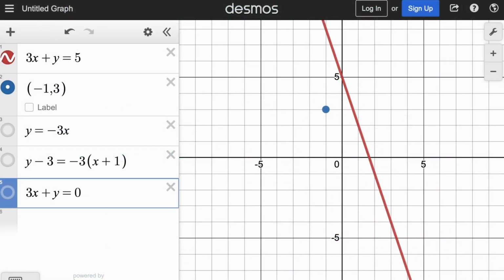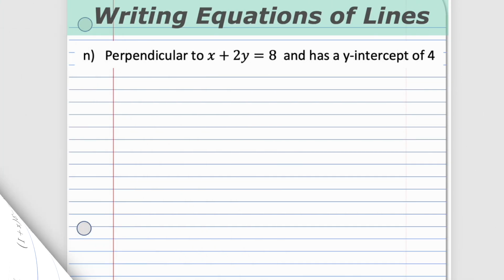We're writing equations that are parallel to this red line. The line goes through -1, 3. There it is, -3 slope, and there, and there. They all work. We need to write the equation of a line that is perpendicular to this line with a y-intercept of 4.